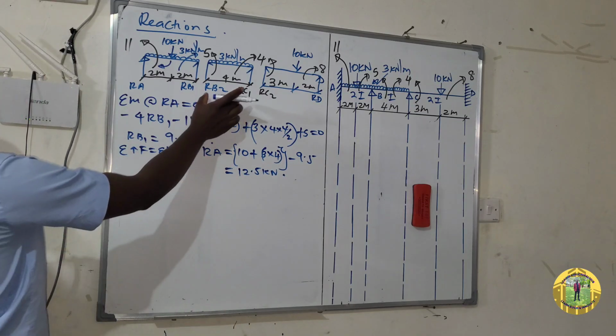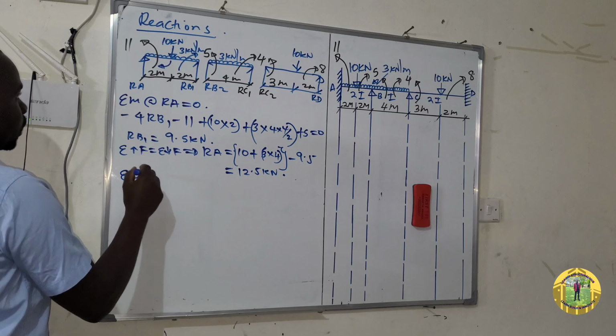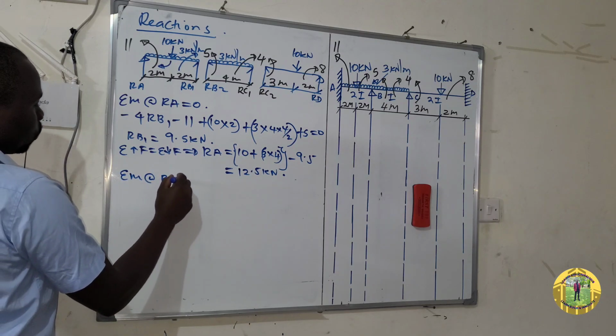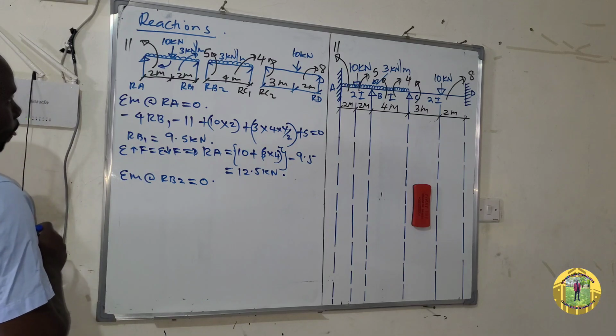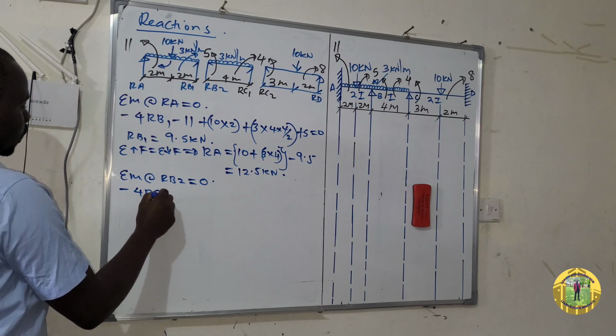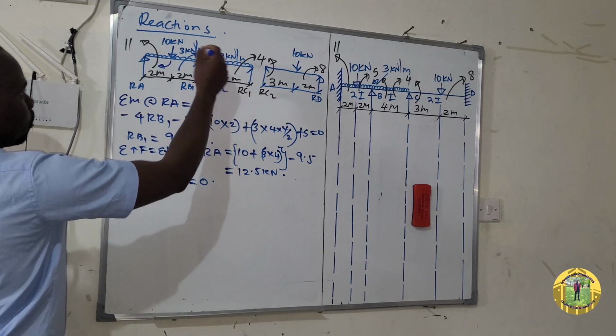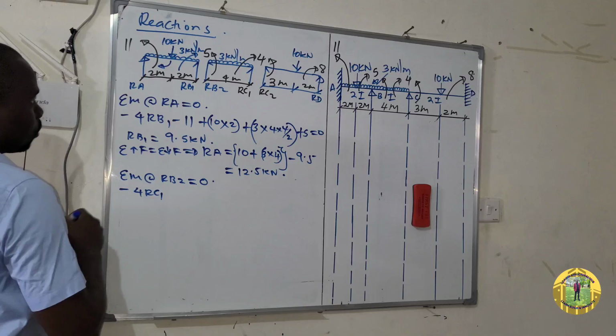We proceed to this portion and we'll say summation of moment at RB2 is equal to 0, and therefore negative 4 RC1, because RC1 is moving in anti-clockwise direction and the distance from here to here is 4.